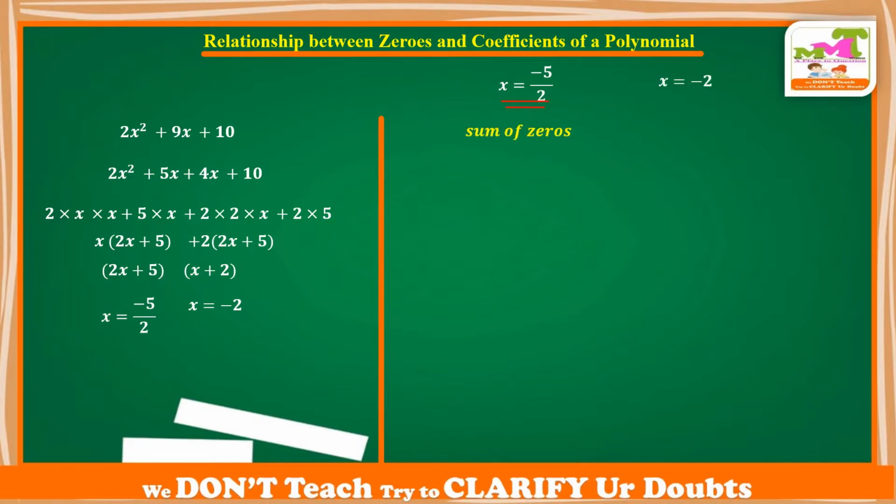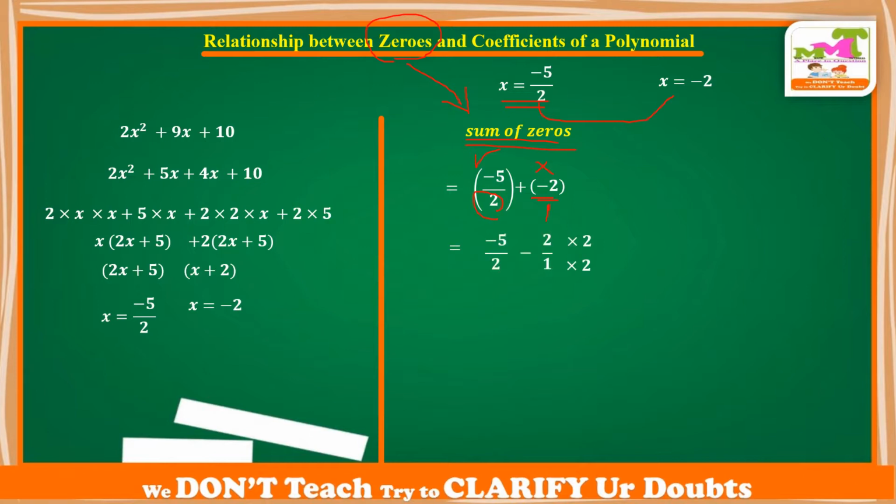Now we'll go with the relation between zeros. Here we have something called the sum of zeros. Sum of zeros is nothing but adding these two. Here we cannot add directly, as this is a fraction and this is an integer. So I take the denominator to be 1, and take this 2, multiply up and down.